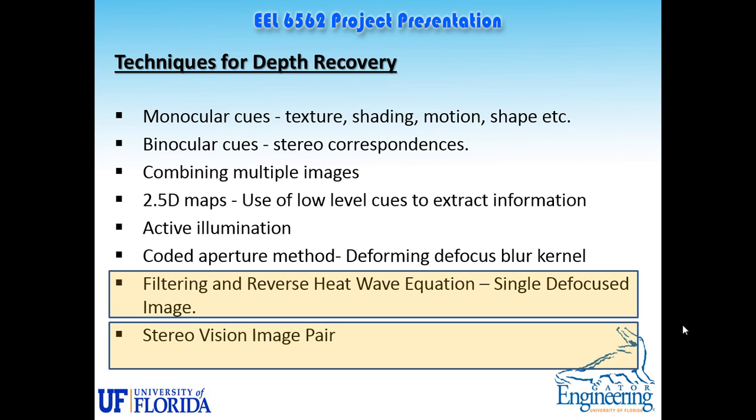The topic for this project I've chosen to be the last two techniques for depth recovery, and we're going to go through each of these techniques, the theories, the concept behind it, and then we're going to run the codes, the simulations, and then we're going to compare which technique is best for depth recovery.